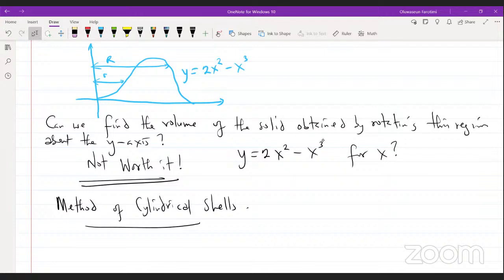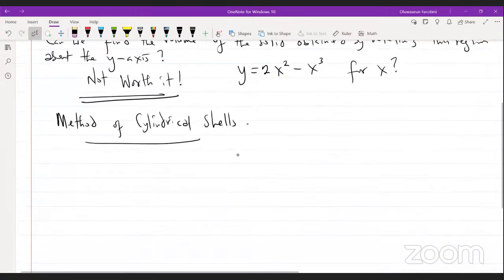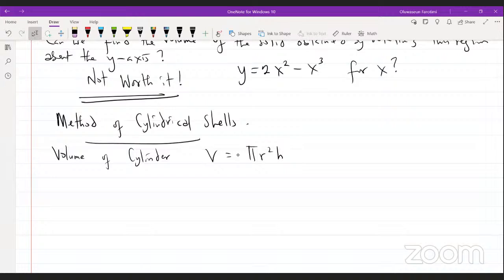Of course, let me just remind you that when you talk about the volume of a cylinder, remember, V is just pi r squared h. But in this case, we have a slightly different approach, a slightly different way of thinking.